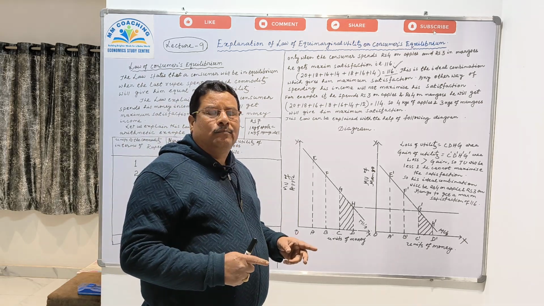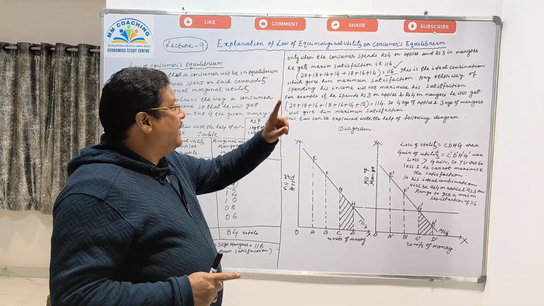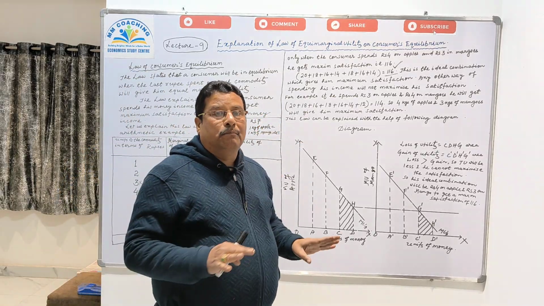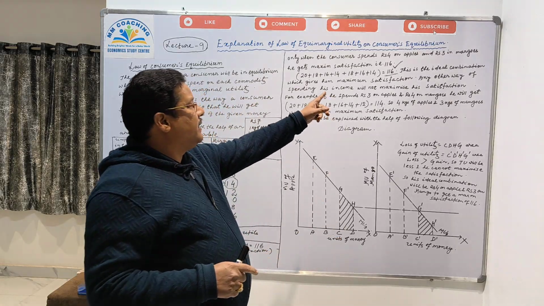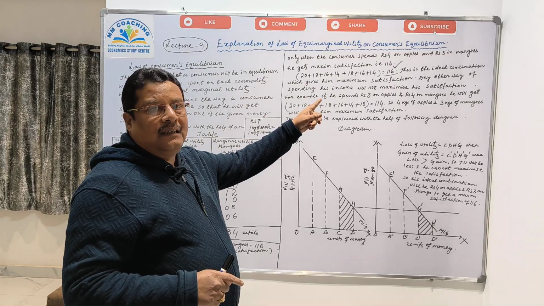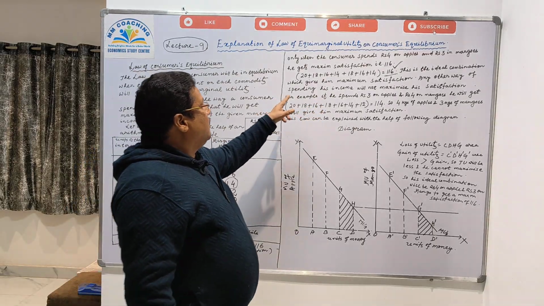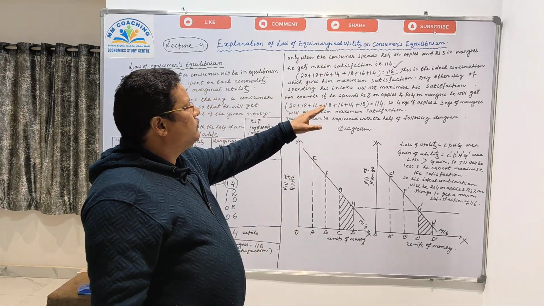That is why I told you that this is the ideal combination. No other combination will give him 116 utils of total utility. We shall see just now.